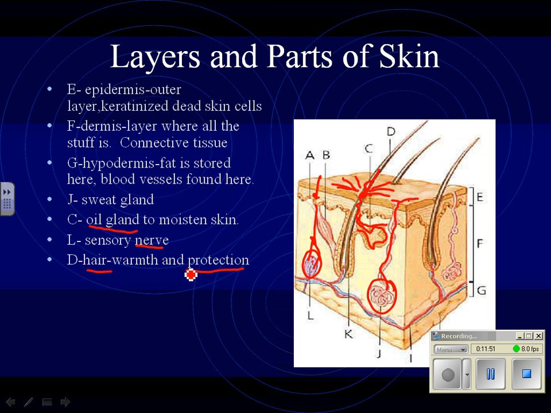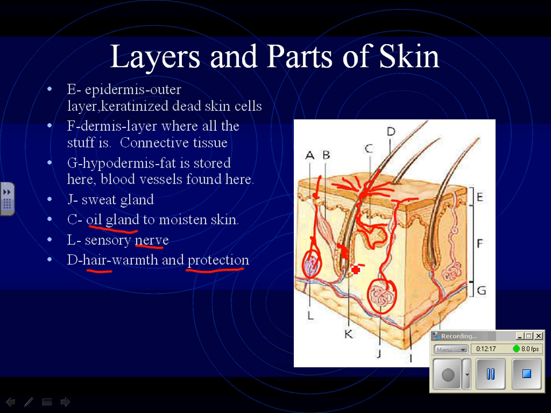Right now, if you want to know about protection, you can take your finger and move one of the hairs on your arm. If you just touch one of the hairs on your arm, you'll notice that as it wiggles, it actually has a nerve attached to it. They don't show it on the slide, but every hair follicle on your body has a nerve associated with it.